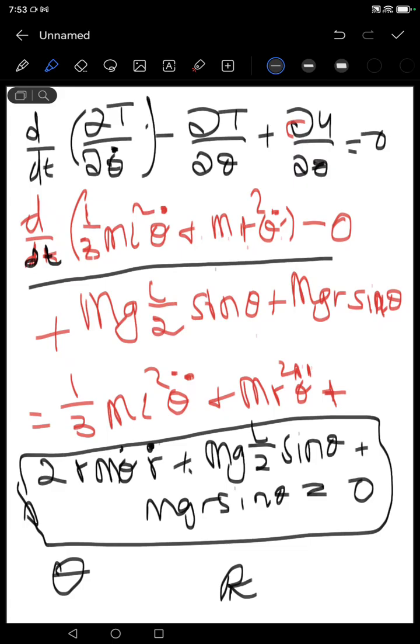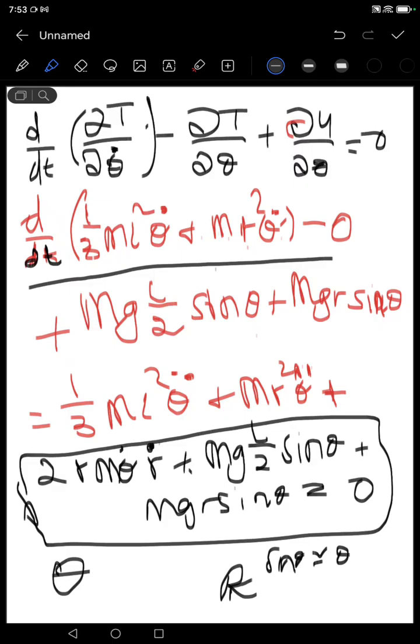Sometimes Xavier will say sine theta is approximately theta, which we call a small oscillation angle.